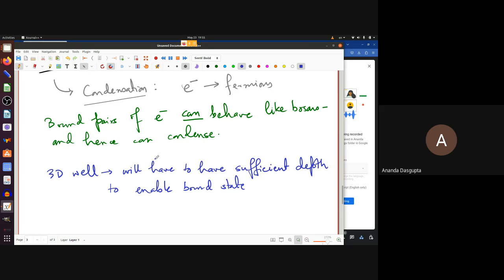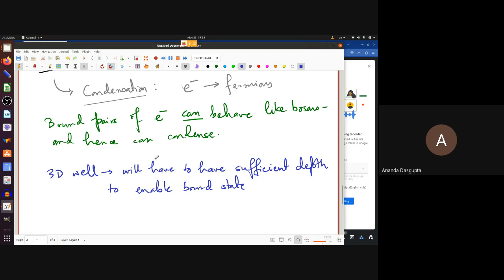You can have more than one, but you at least have one in a 1D well. In a 3D well, on the other hand, you may not have any bound states unless the depth of the well is sufficiently large. I don't know whether you remember these results, but I think these results should be standard knowledge for everybody. And if you don't remember them, you should look up your quantum mechanics book.